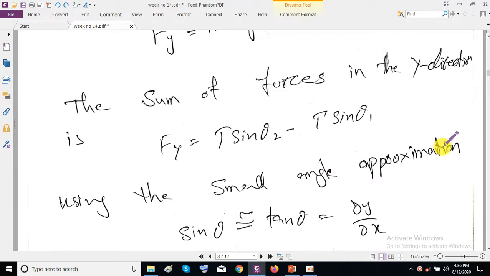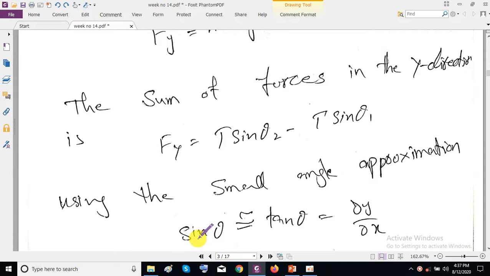Using the small angle approximation, as we have a small angle, sine theta is approximately tangent theta, and tangent theta is equal to partial y by partial x. If we take sin theta to be small, it means the angle is much smaller. So in this case the value of sin theta will be approximately equal, not exactly equal, to tangent theta.